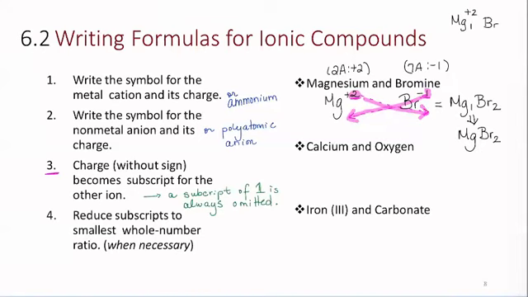And Br, I have 2 of them, and the charge is -1. If I multiply these charges by the subscript, I find a +2 for the magnesium and a -2 for the bromine. If I add these 2 charges, it equals 0. Ionic compounds need to have an overall charge of 0. So that's why we're doing this whole exercise of the charges becoming the subscript. We're just doing the shortcut right away.